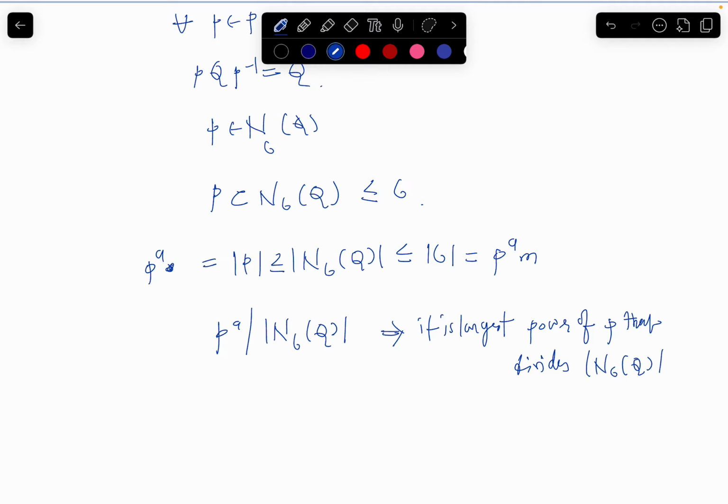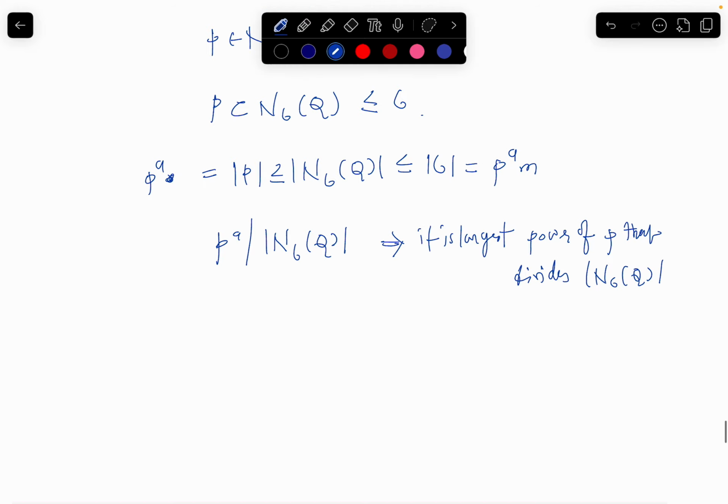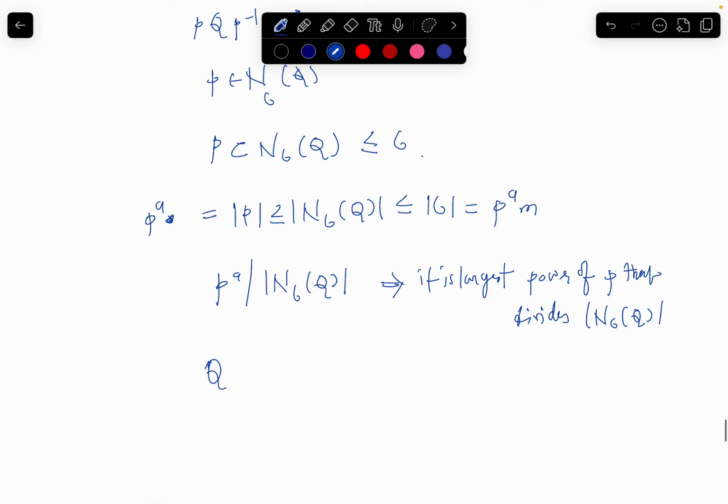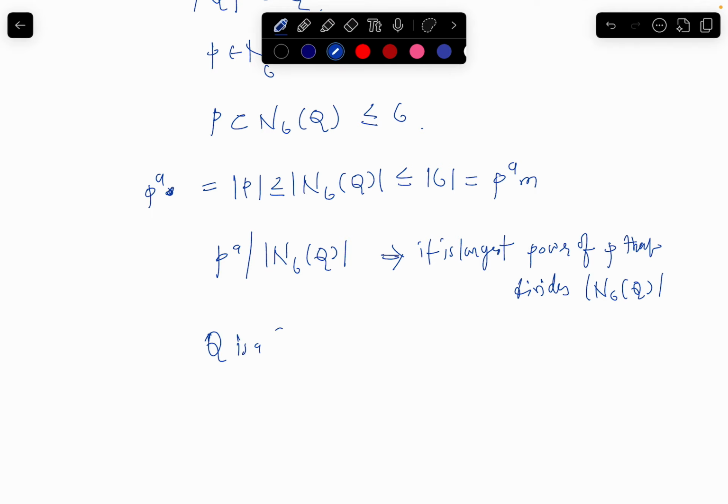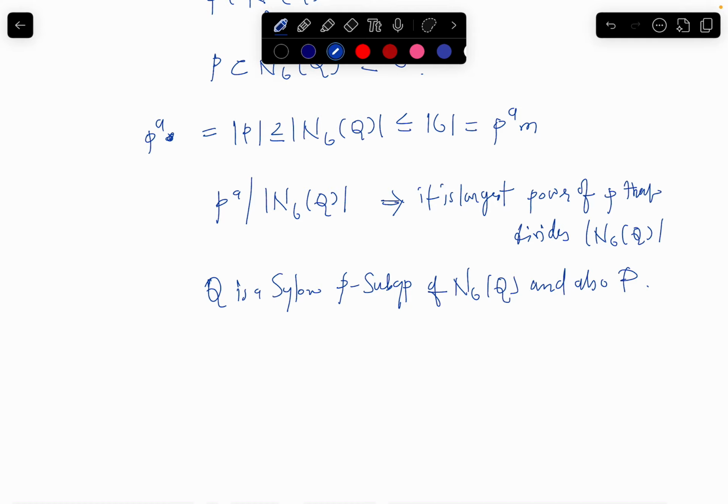And Q is also a Sylow P subgroup, so the size of Q is also p power a. We know that Q is contained in N_G(Q), so Q is a Sylow P subgroup of the normalizer, and so is P. So by Sylow's second theorem, P and Q are conjugates.